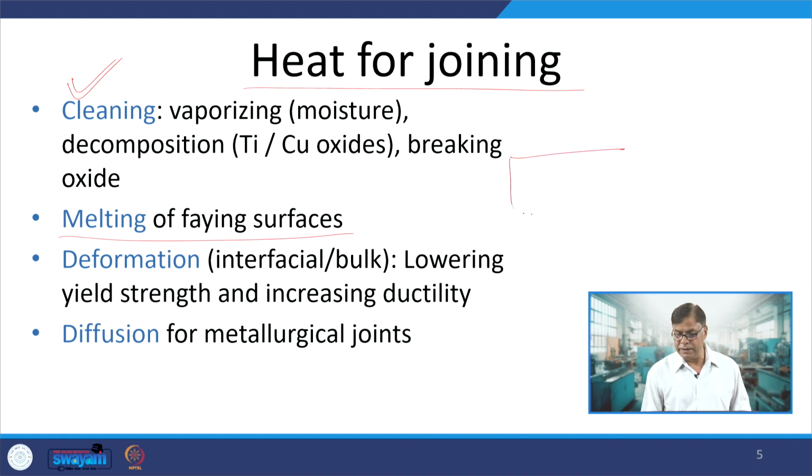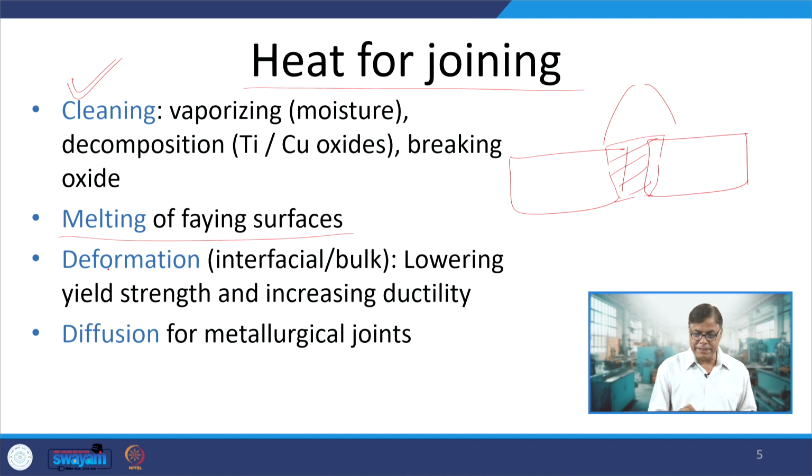Certainly for fusion welding this is an important thing, like the components to be welded, when the heat is applied we expect that the faying surfaces are brought to the molten state, followed by the solidification leading to the development of the joint. But this will be happening after the cleaning phase. But this cleaning is especially good for removing the moisture or for certain metals where their oxides get decomposed thermally and get removed, or they tend to get agglomerated.